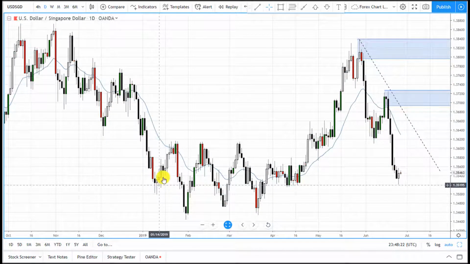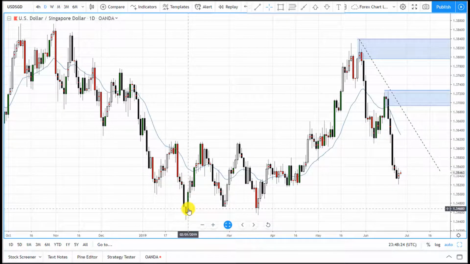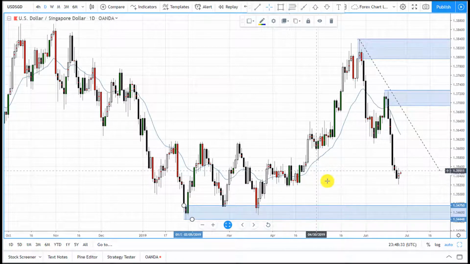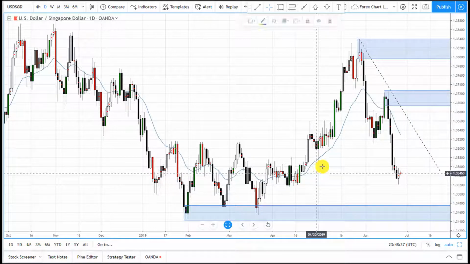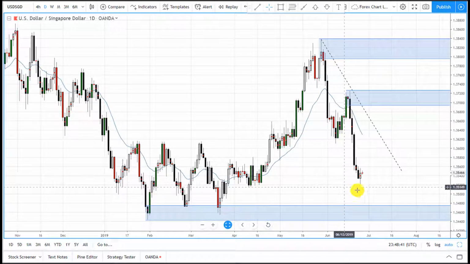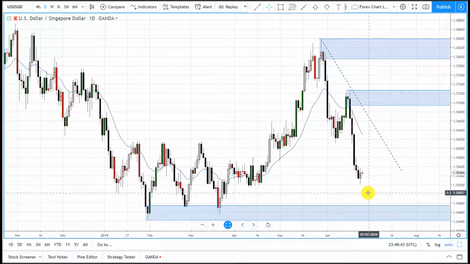So it dropped, rallied, dropped, and this looks like the demand zone that's holding price. Price retraced to it a couple of times and it's still holding. So we see that there's quite a bit of room to go to the downside right here.